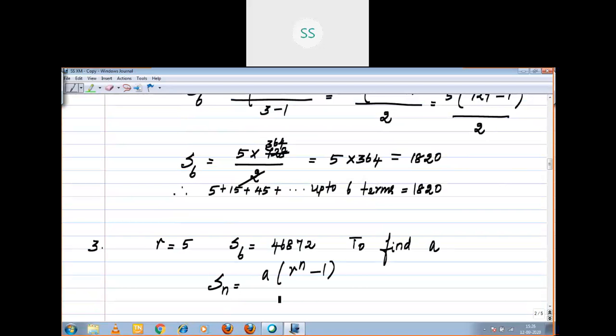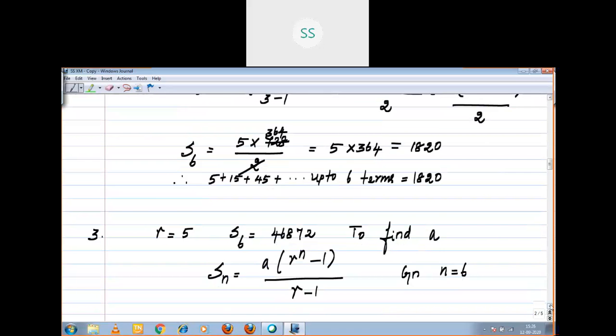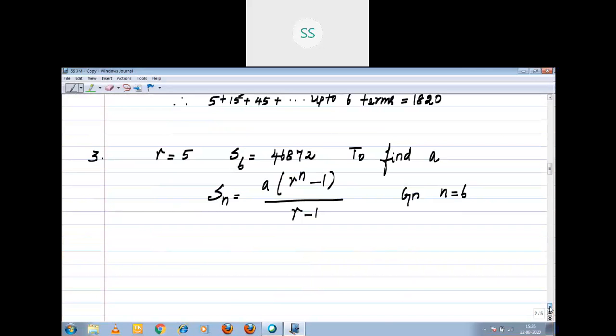Right? What is your formula? You have to recall the formula alone. Right, children? Say yes or no. Now, S_n equal to a into r power n minus 1 divided by r minus 1. Here, what is your n? Given n equal to 6.